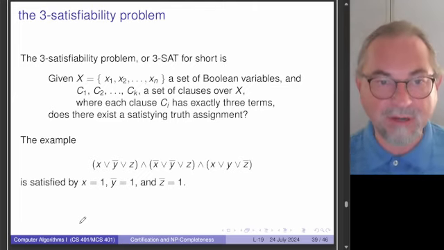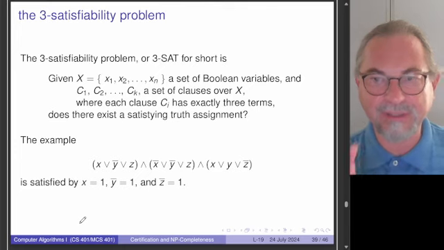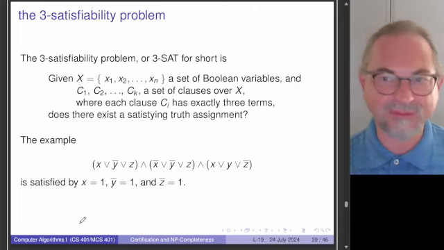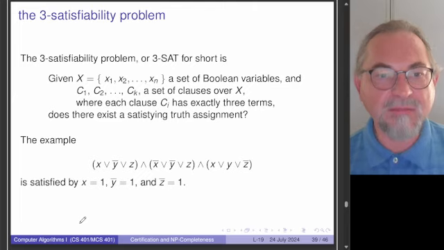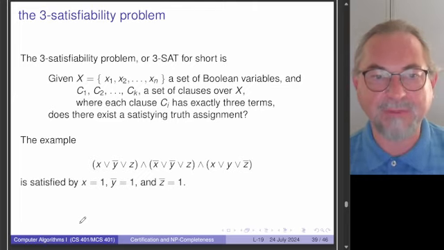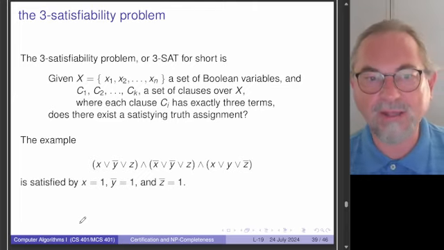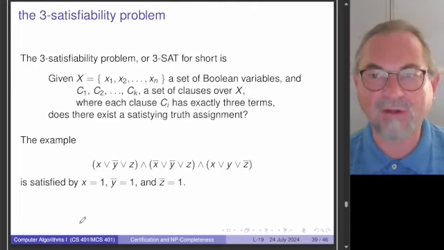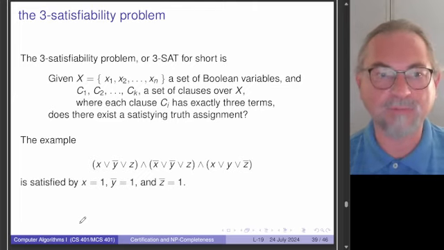Here you see an example that we have used previously. We have three clauses, each of three terms. It doesn't need to be that way; k can be any number. We see that it is satisfied by picking x equals 1, y equals 0, and z equals 0.